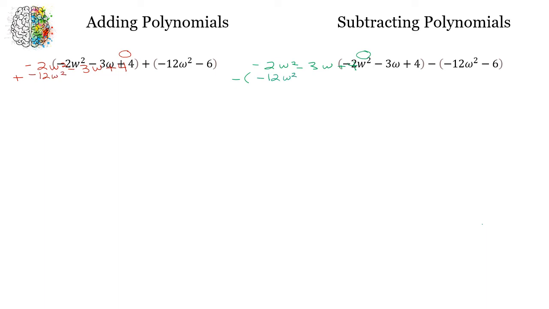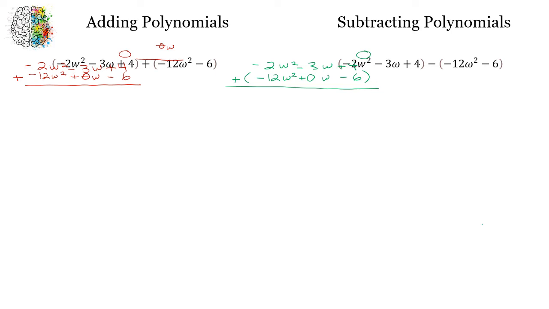Now you'll notice that on this second one, I'm missing that w. So that means I've got a 0 here. It has a 0 coefficient in front of that w to the 1. So I can just put in a 0. You can either put in a 0 or you can just leave that blank.